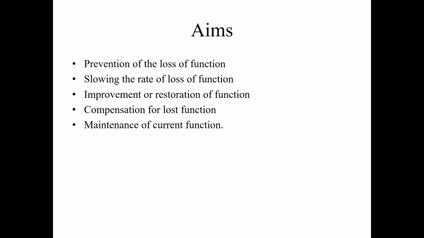Now we will go into the aims. So goals are what we are going to achieve. Aims are how we are going to achieve the particular objective. So first, we will try to prevent the loss of a function. For example, we can just take a stroke patient. The stroke patient is coming to the department for rehabilitation.